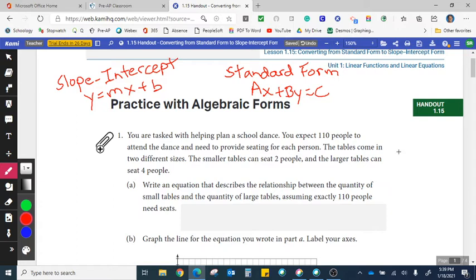Alright, so I'm going to take you through this handout here and talk to you about some basic concepts. Number one, make sure that you're memorizing the equations, and number two, make sure that you are reading every bit of the detail of each of the problems.